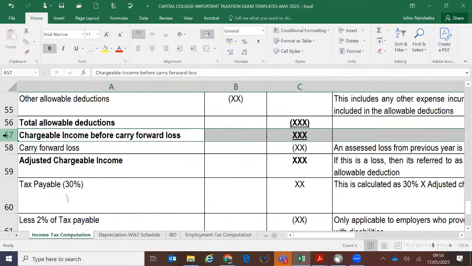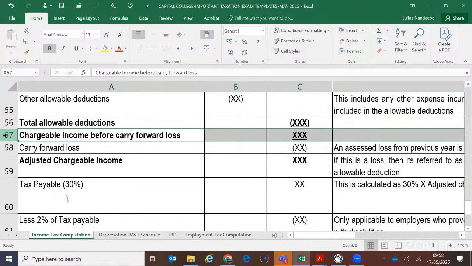It is a mixture of incomes and deductions. But these deductions do not pick. Now listen properly. Do not pick an expense from the statement of profit or loss and bring it under allowables.